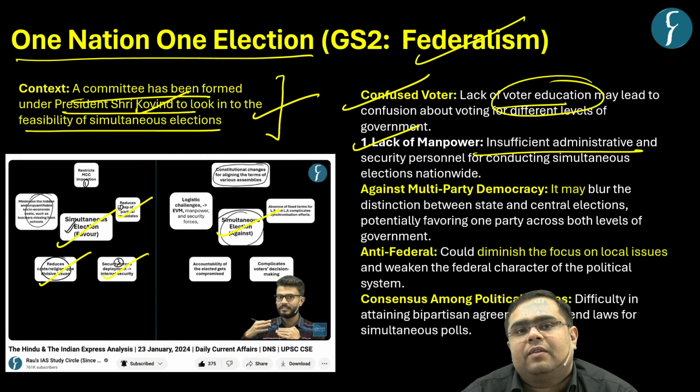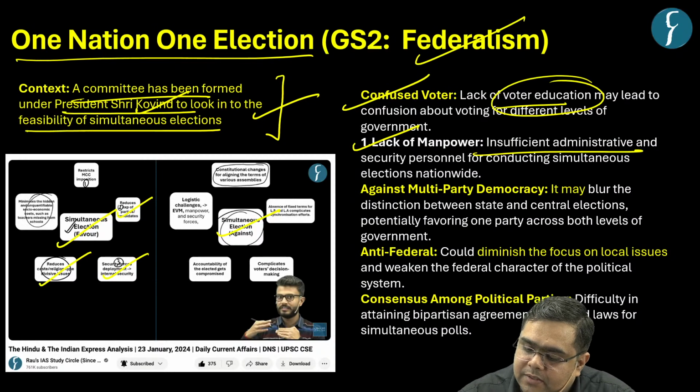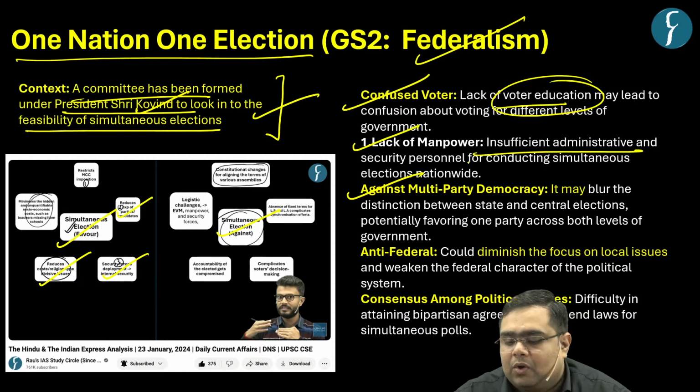So conducting one nation, one election is going to be a huge logistical exercise. Again, an argument can be given that India follows a pluralist model of democracy in which there is an existence of multi-party, right?